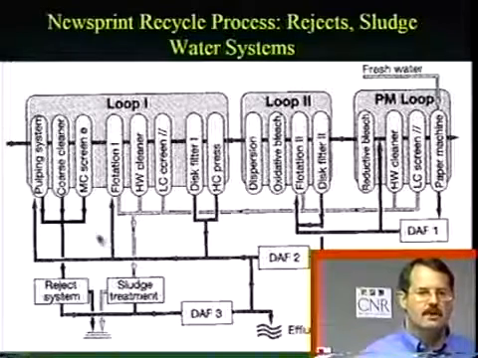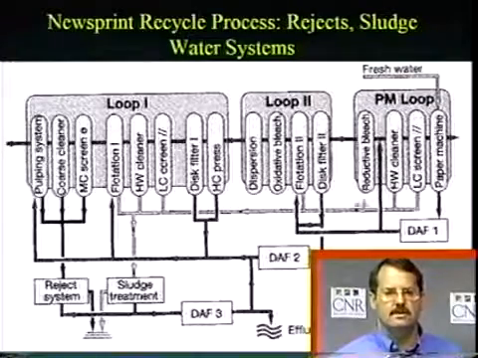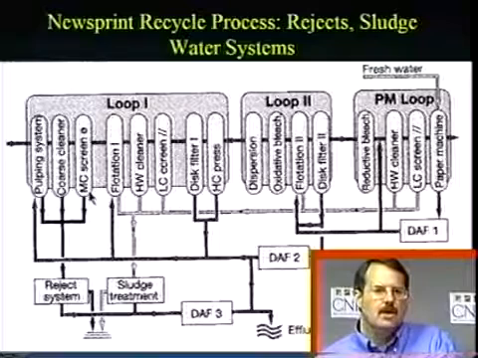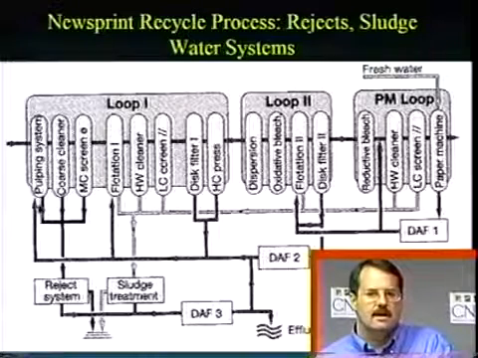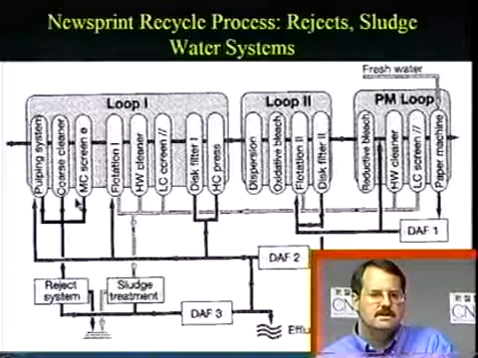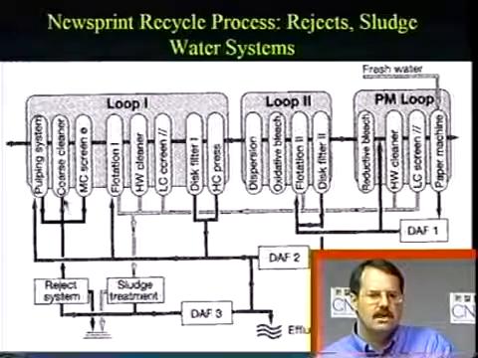All right, so what actually happens in loop 1 and loop 2 here, and actually in the paper machine, let's talk about the 2 kinds of rejects we get. Early on in our process, we're getting rejects from the pulper, from the cleaner, high-density cleaner, and the medium consistency screens. So these are large chunks of metals and foils and plastics, and they go to a reject system right here.